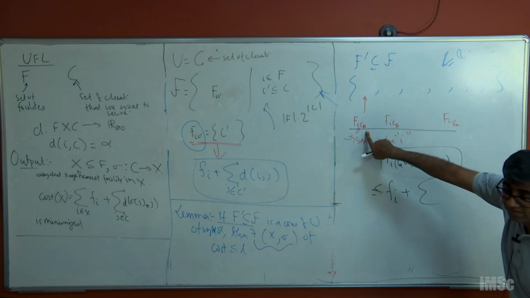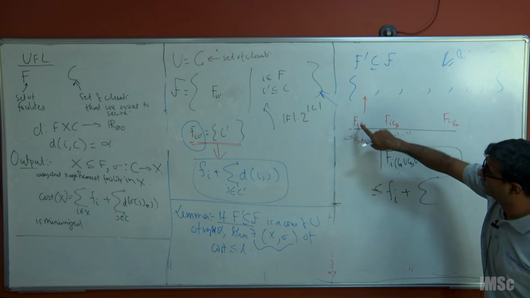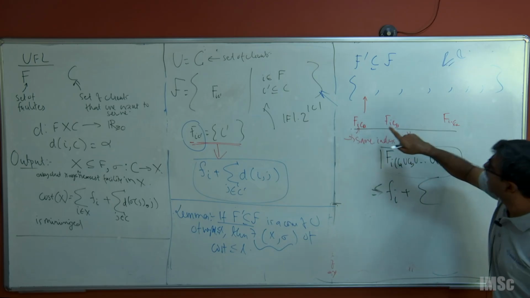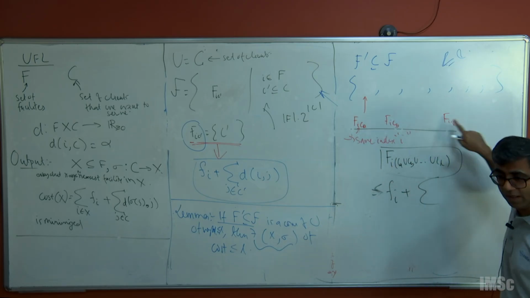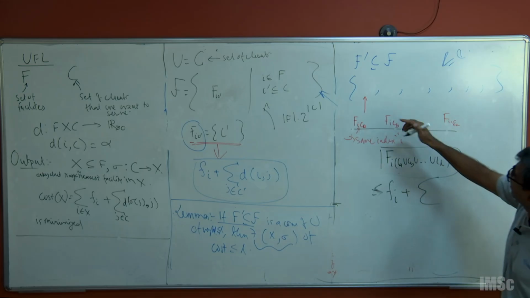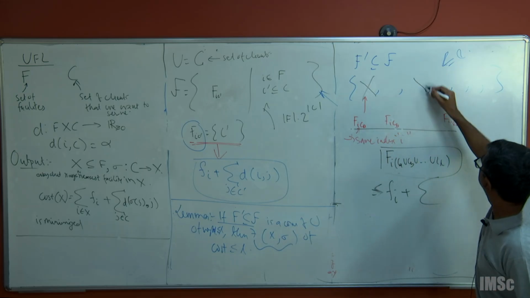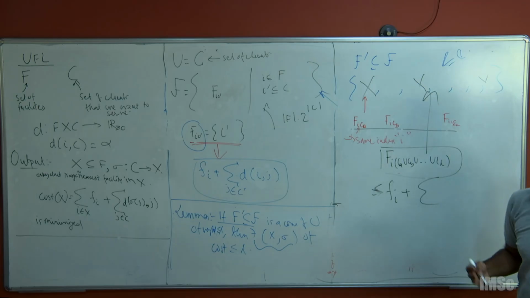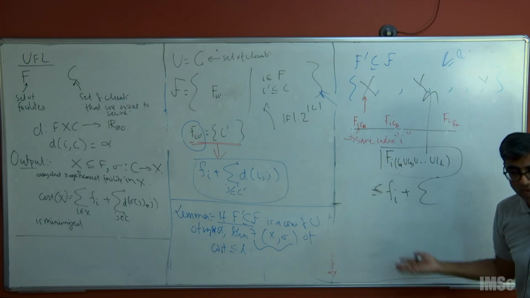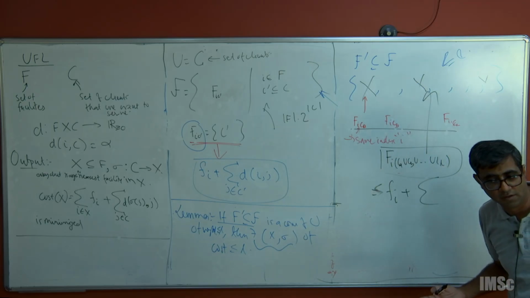But look at (f_i, C_A): it is f_i plus the assignment cost; (f_i, C_B): f_i plus the assignment cost. So if I replace these sets and add this set here, what do I have? I still cover everything and its cost is maybe smaller.